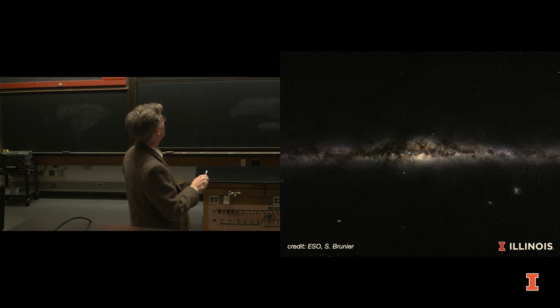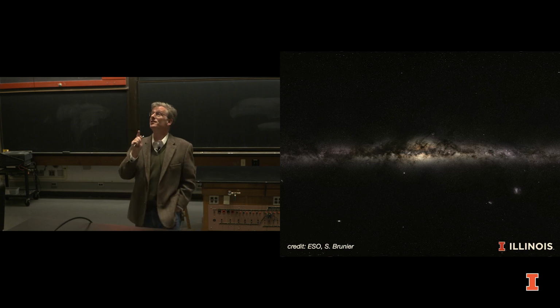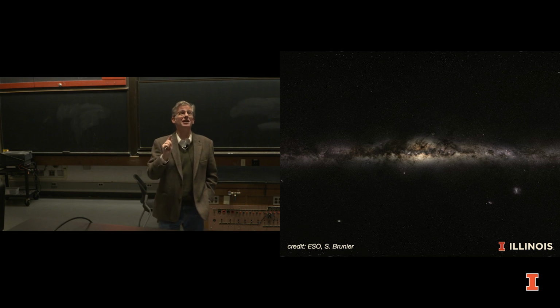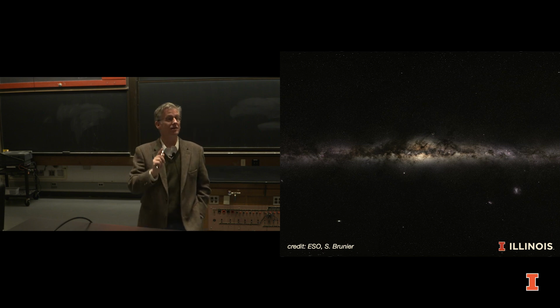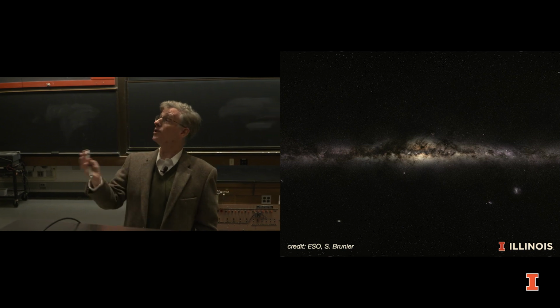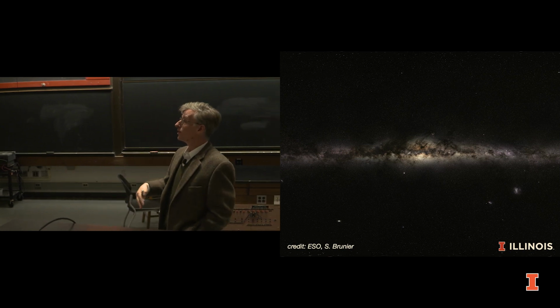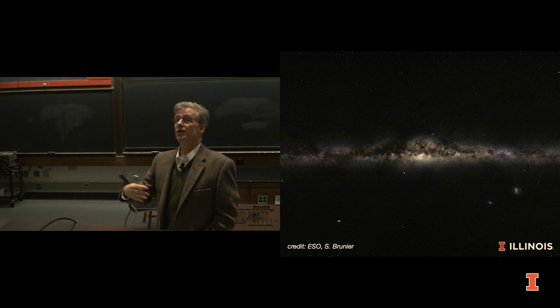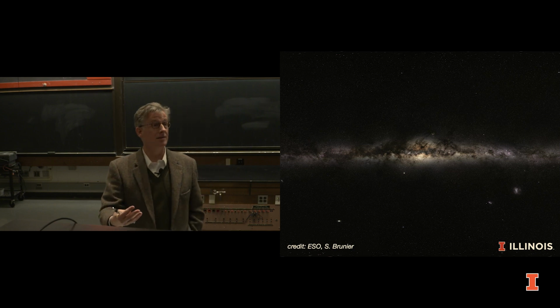If you look into the center of our galaxy, you can hardly see it at these wavelengths. In fact, you cannot see any light from the stars that are close to the central black hole. But if you go to longer wavelengths, into what's called the infrared, then you can see through some of this dust.